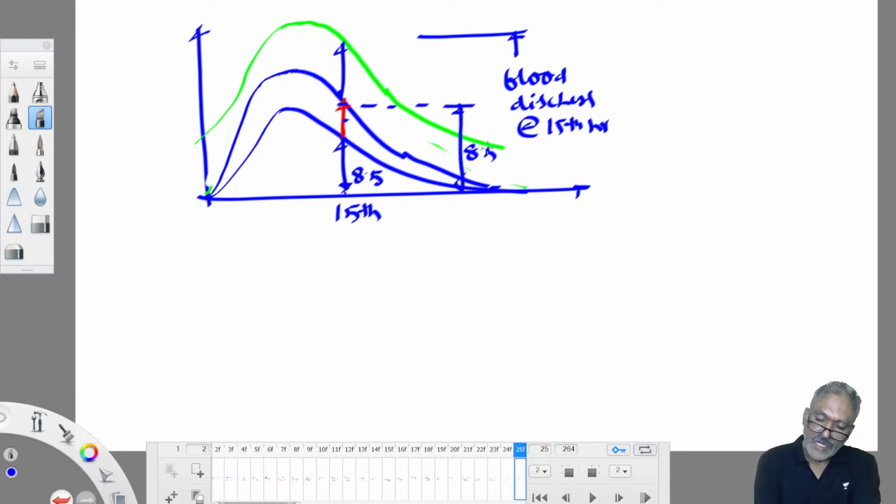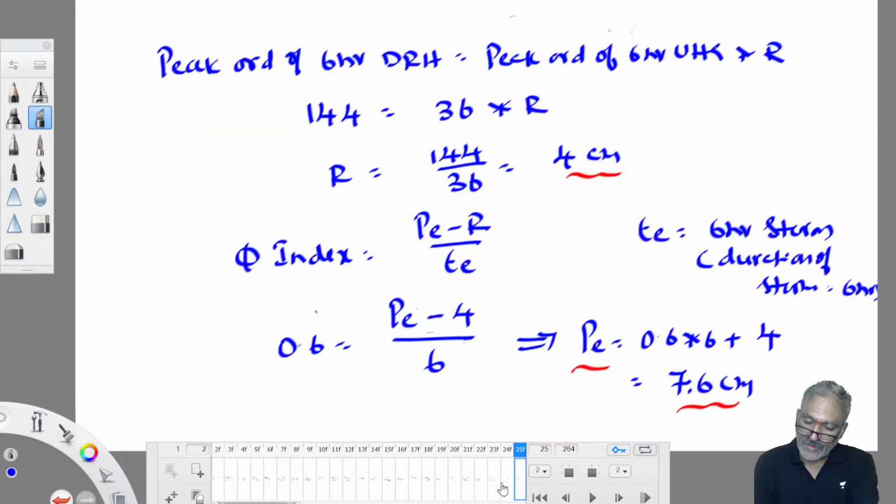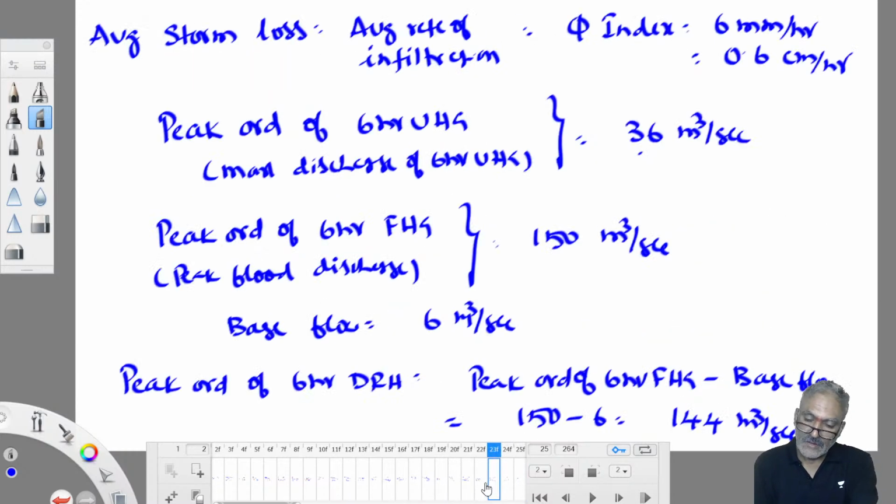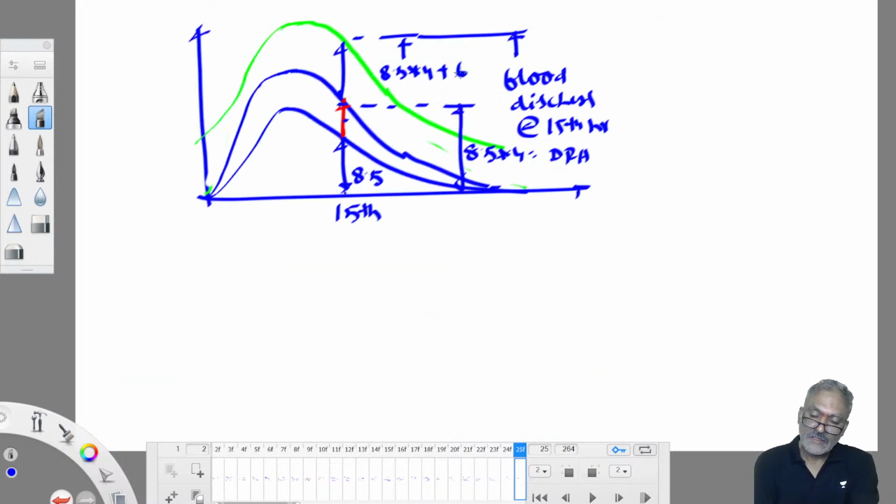This is 8.5 into 4. This will give the direct runoff hydrograph ordinate. Then to this you add base flow, you will get 8.5 into 4 plus base flow 6. Base flow is given how much? 6. Then you get that one. What is that ordinate of flood discharge at the 15th hour time interval?